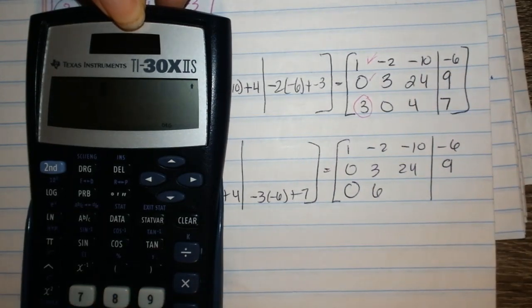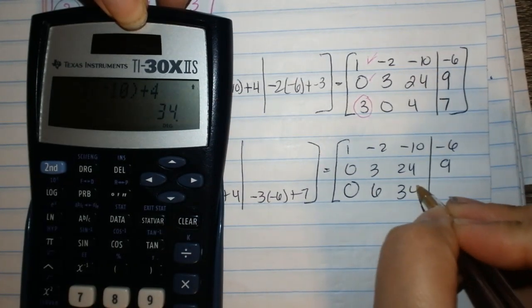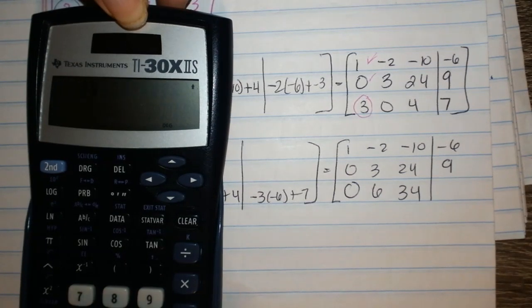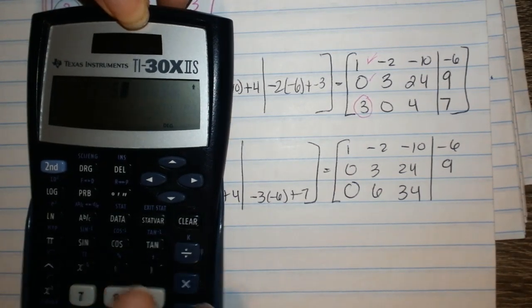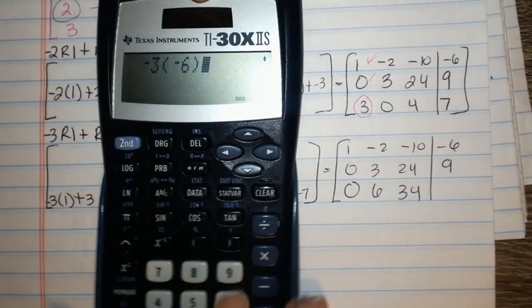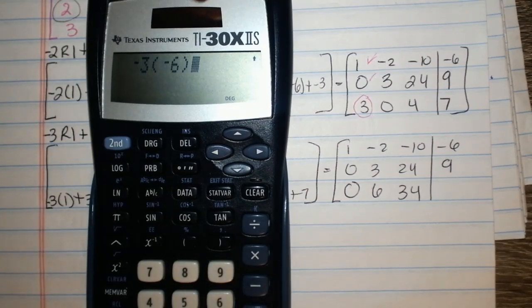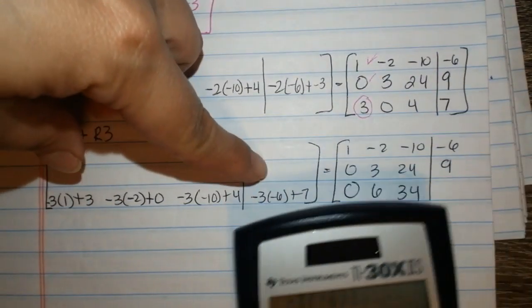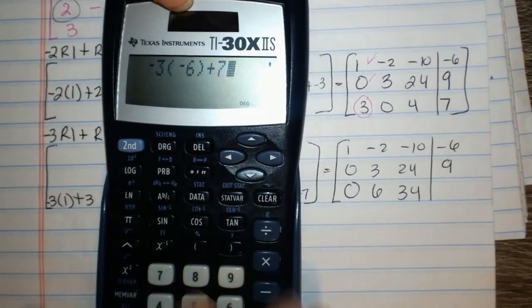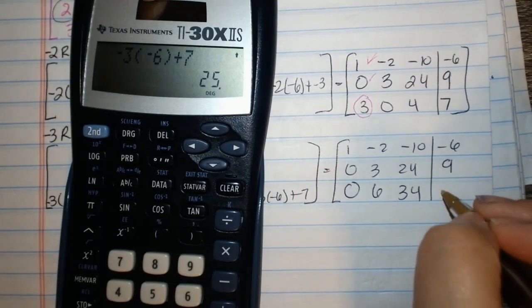Negative 3 times a negative 10 plus 4 is a positive 34. And negative 3 times a negative 6, I'm sorry if you weren't seeing that, just type it into your calculator and see. So I'm just typing these in, plus 7, which is a 25.